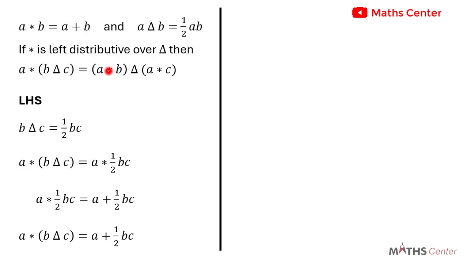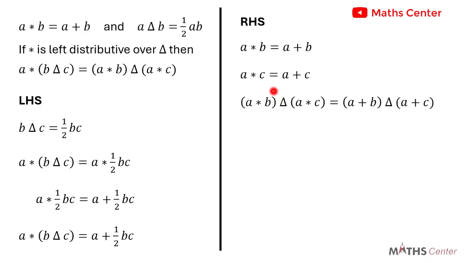Now let's compute for what we have on the right hand side. On the right hand side, we have (A star B) delta (A star C). So let's begin with what we have in the brackets. The first bracket is A star B, and A star B is equal to A plus B. The second bracket is A star C. From the definition of star, A star B is equal to A plus B. So A star C will be equal to A plus C. So then we can say that (A star B) delta (A star C) is equal to (A plus B) delta (A plus C).